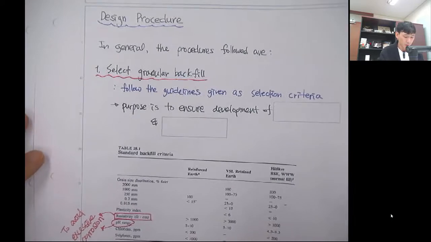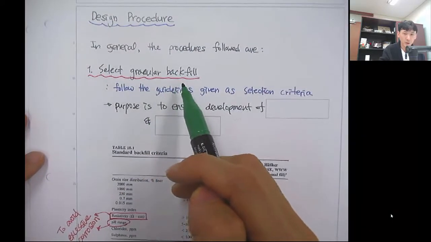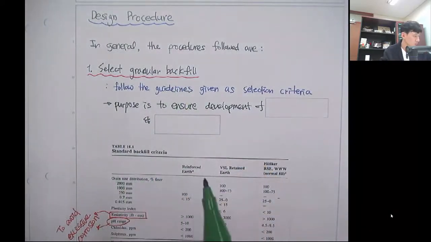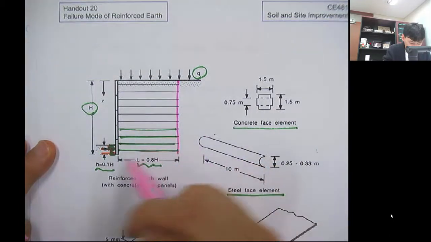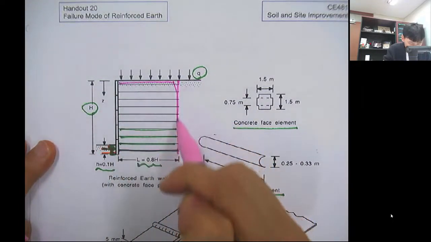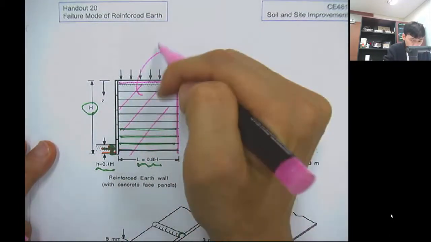The selection of granular backfill is very important, because typically the reinforced area is filled with the backfill material.